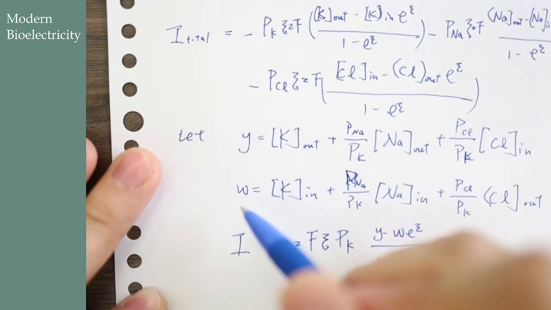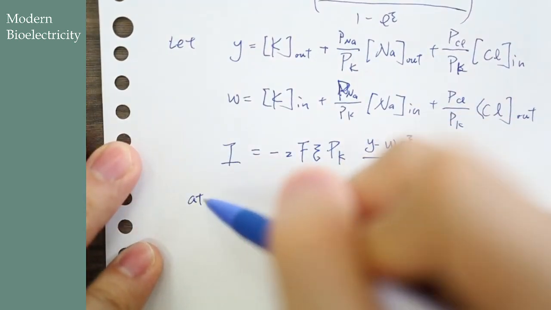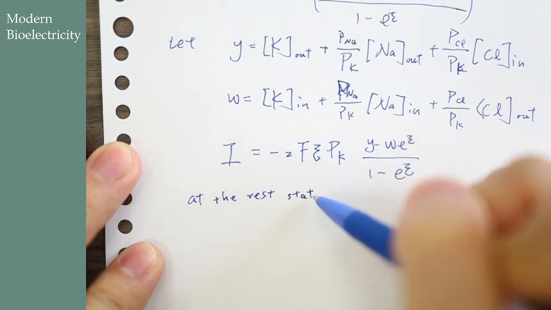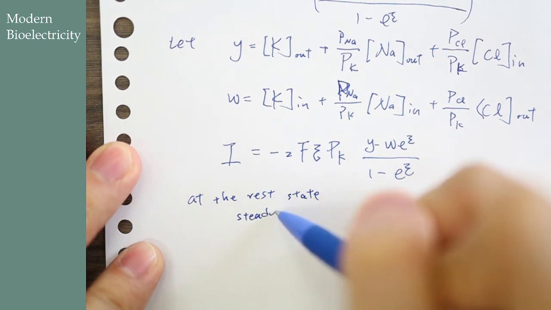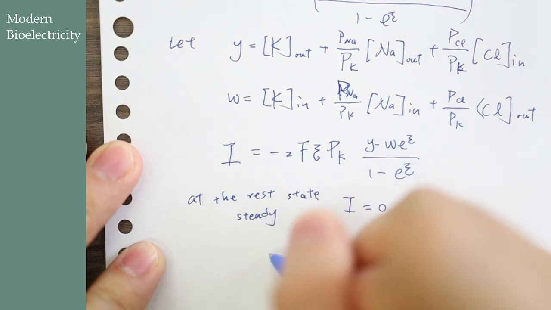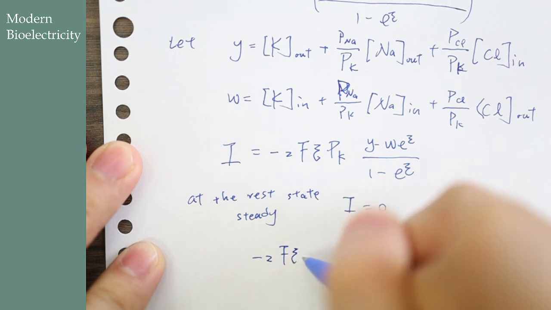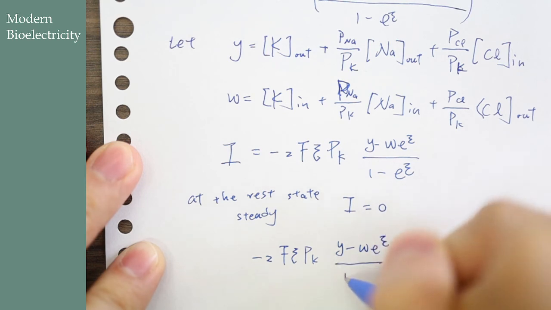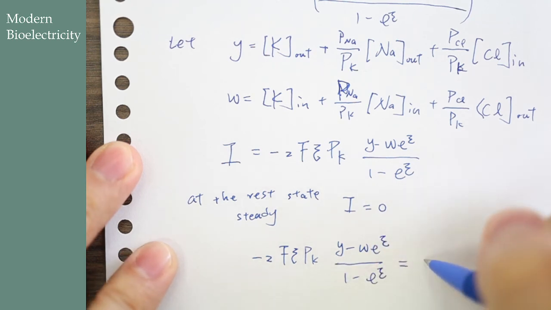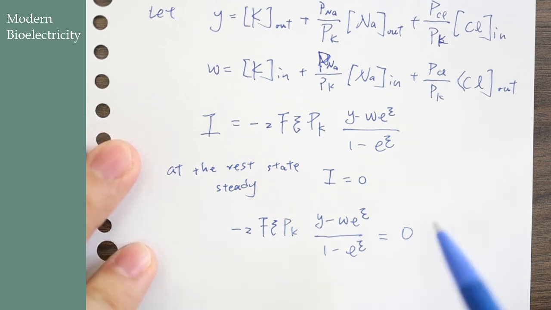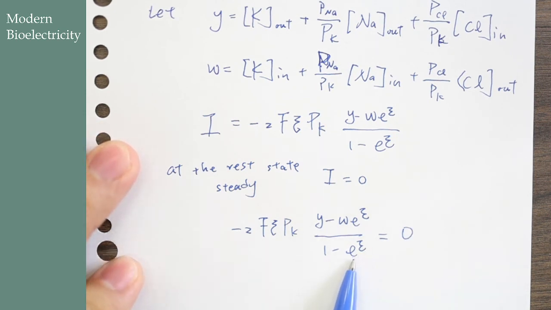Because at the resting state, or the steady state, I is equal to 0. So minus ZFC PK times Y minus WEC, divided by 1 minus EC, is equal to 0. These four things are constant, and this is also constant.